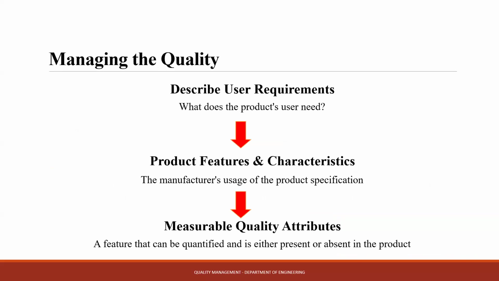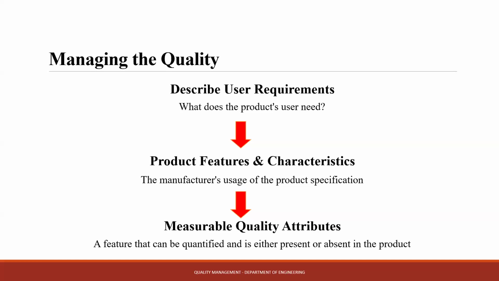In this process, one of the first important steps is to describe user requirements, right? What does the product's user need? This involves how we identify exactly what the product users need from us. So we should understand their requirements.